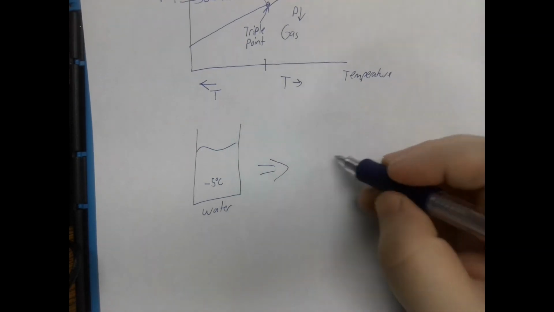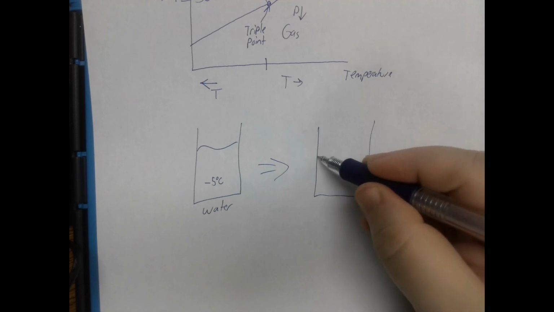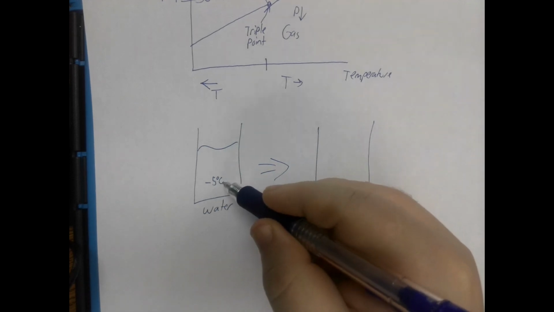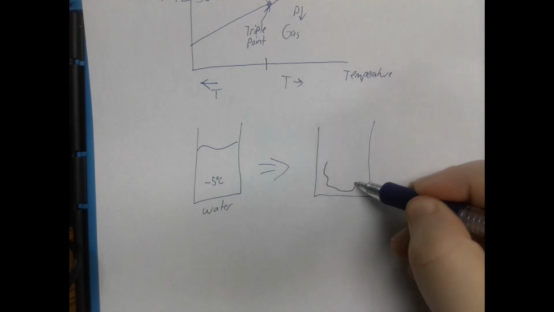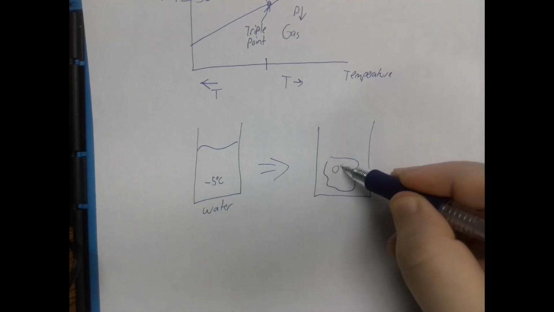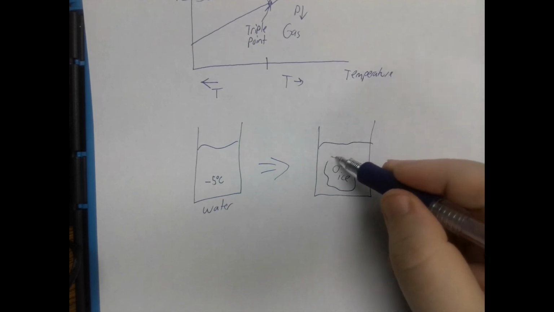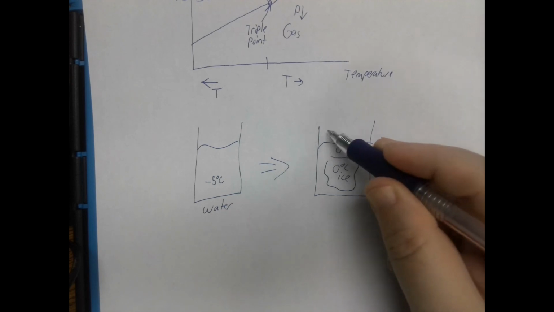So when this turns into a solid, it's going to release some energy. It's a phase change. So that energy is going to end up going, and we're going to end up with a block of 0 degrees Celsius ice. And if it released too much energy, we'd end up with 0 degree water too.